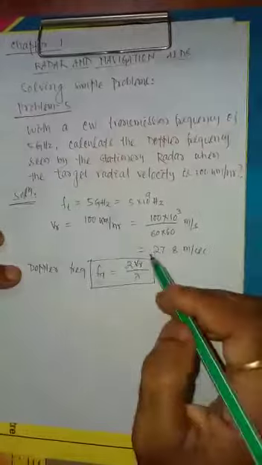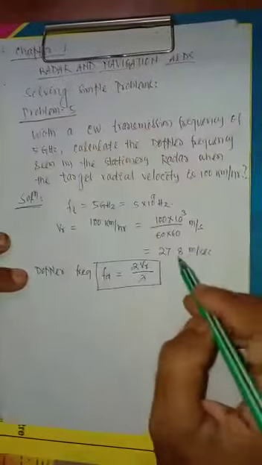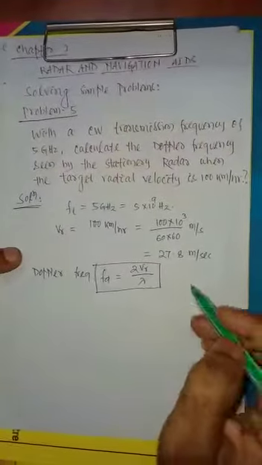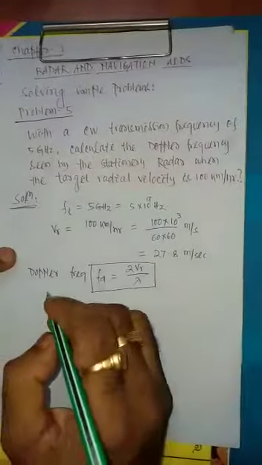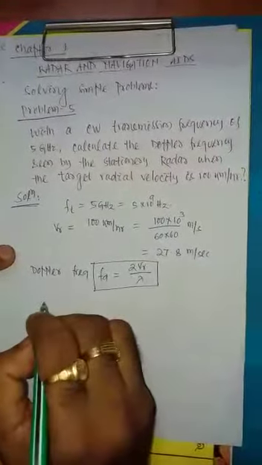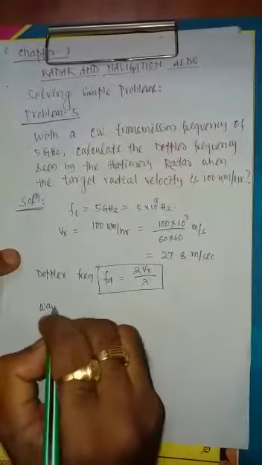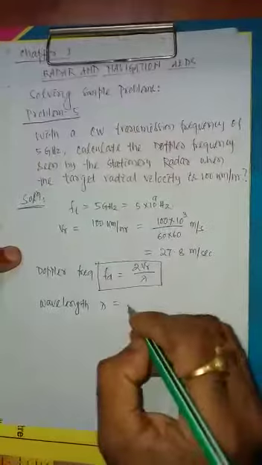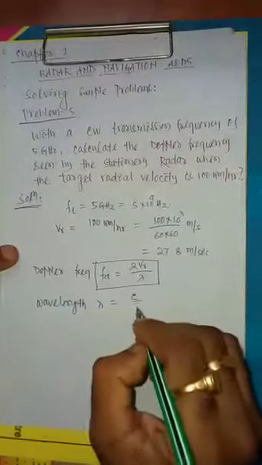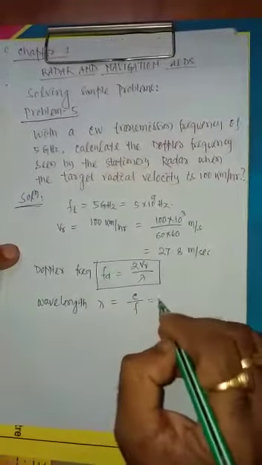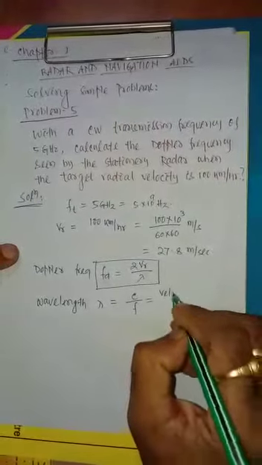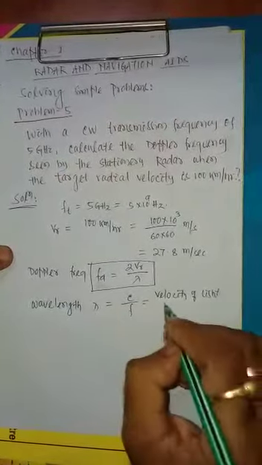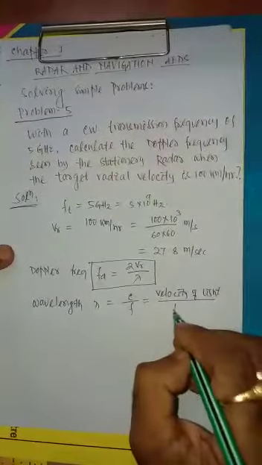It is already given, 100 km per hour or 27.8 meter per second, and lambda we have to find. Lambda is the wavelength. Lambda is c by f, where c is the velocity of light, divided by the transmission frequency.